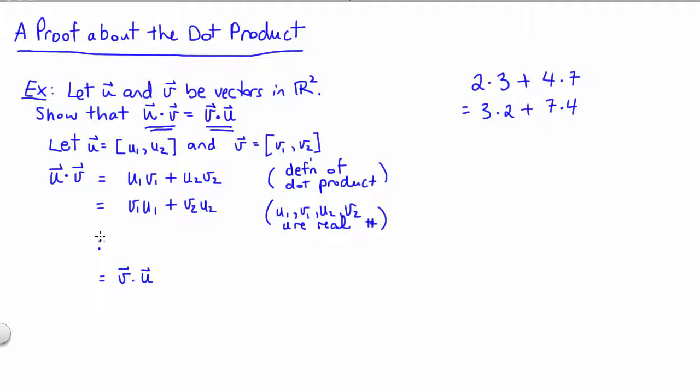I'm going to erase this dot dot dot, and I'm going to write in here, well, again using the definition of the dot product, v1 u1 plus v2 u2 is exactly how v dot u is defined. So we've shown that u dot v is equal to v dot u for any choice of vectors u and v in R2.